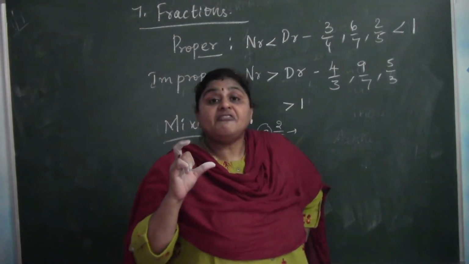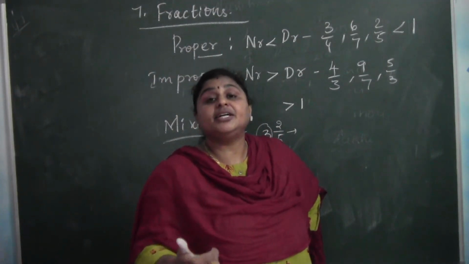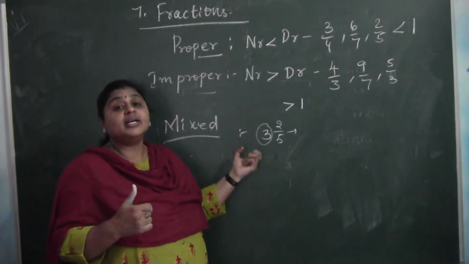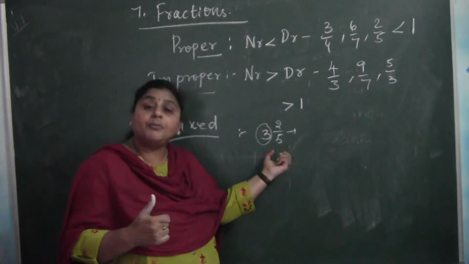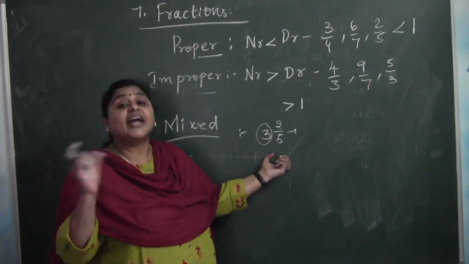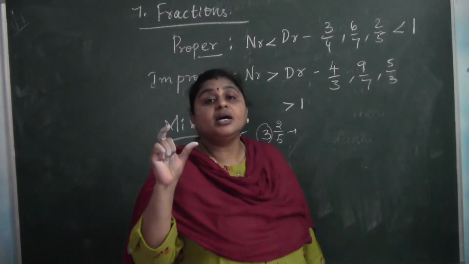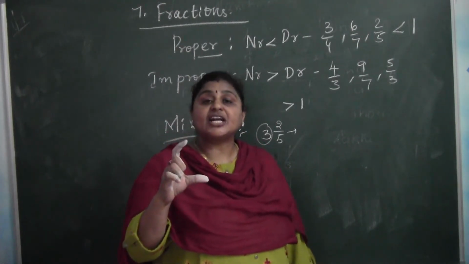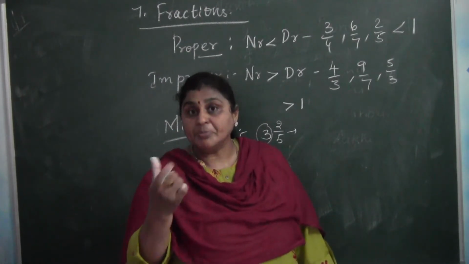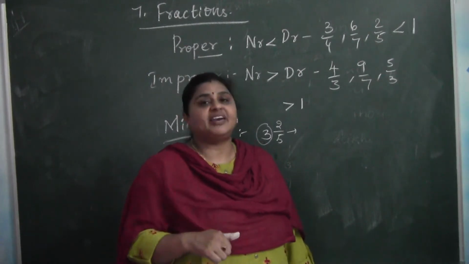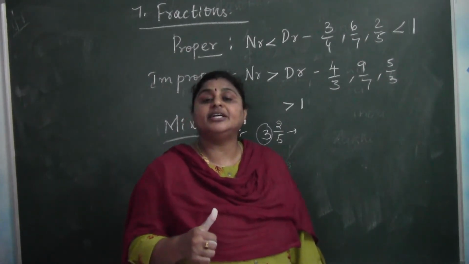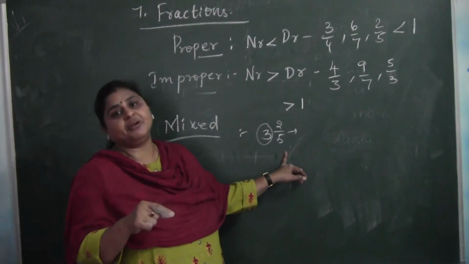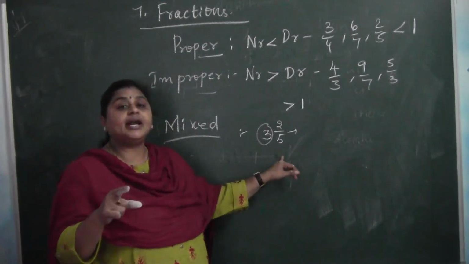Because improper fractions can be converted into mixed fractions, but a proper fraction cannot be converted into a mixed fraction, children. That's why a mixed fraction will always have a combination of whole number and proper fraction.